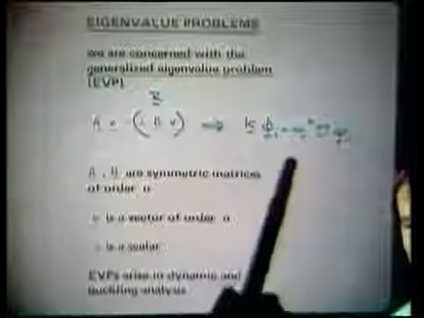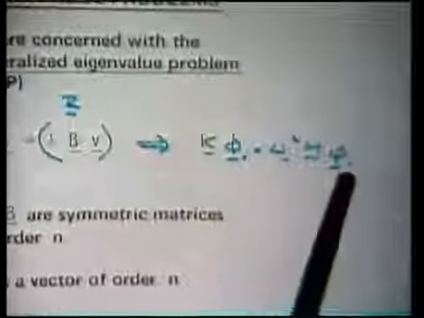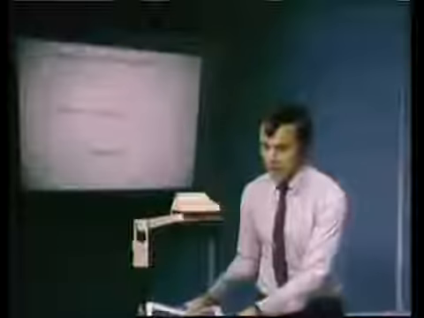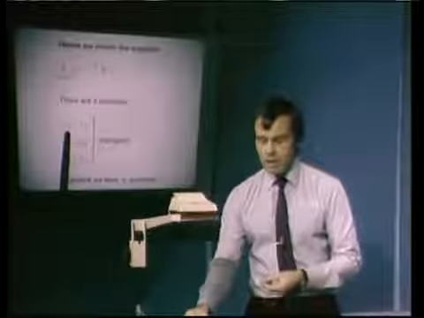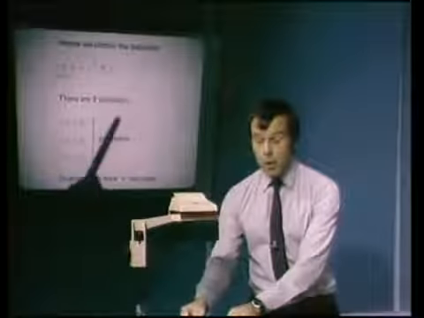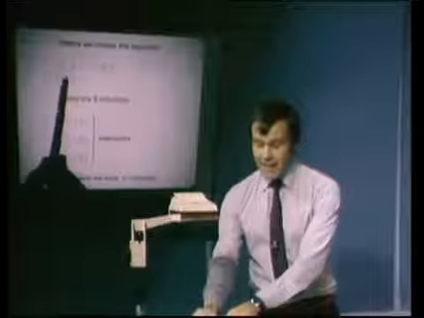Notice that this is the equation that I talked about here earlier, and the eigenpairs phi i, omega i squared, are the solution to this equation. We are really interested in omega i because that is the frequency in radians per second, and the eigenvalue, however, being omega squared.